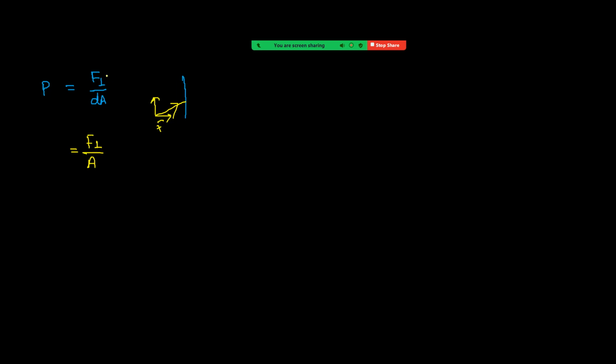So this is the definition of pressure: normal force per unit area. It is defined at a point, that's why we take a small area. But when you take a plane surface where pressure is the same at every point, we take normal force upon the area of that plane.